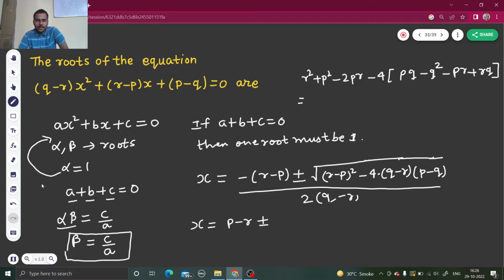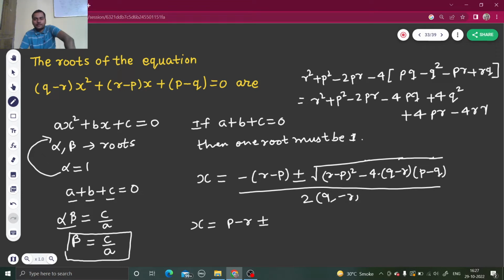So this is r square plus p square minus 2pr minus 4pq, then I have plus 4 times q square plus 4 times pr minus 4 times rq.